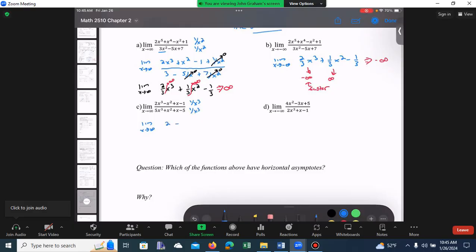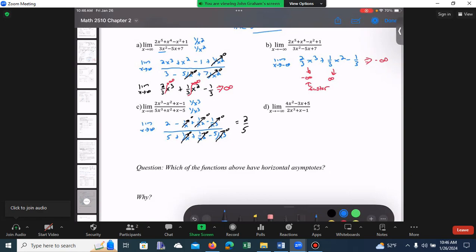We get 2 minus 1 over x plus 1 over x squared minus 1 over x cubed, and then the denominator is going to be 5 plus 1 over x plus 1 over x squared minus 5 over x cubed. All these go to 0. So this limit goes to 2 over 5. Always nice when it works out to be just a number. Then you don't have to worry about what's happening as x goes to infinity. That always happens if the highest power is the same on both sides.